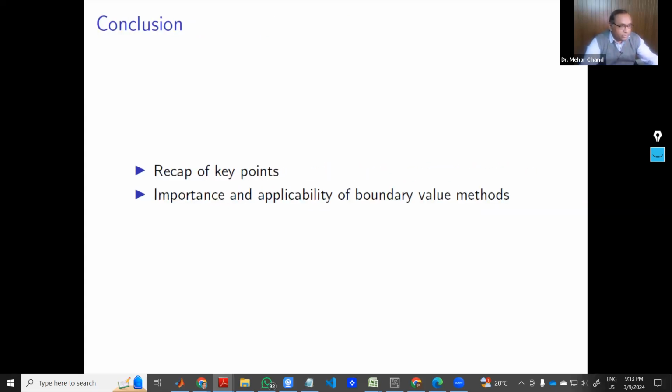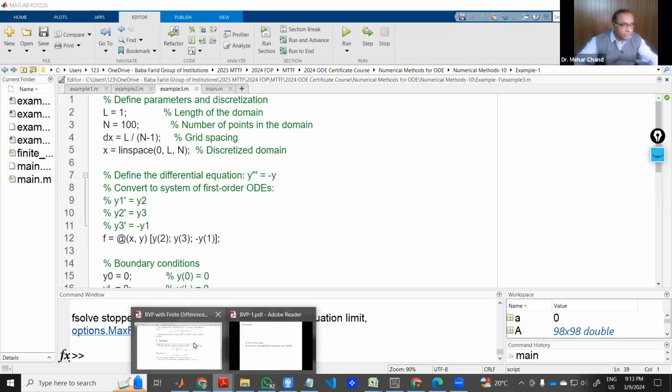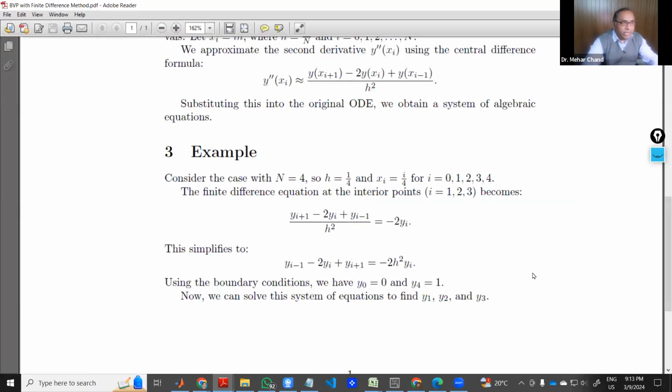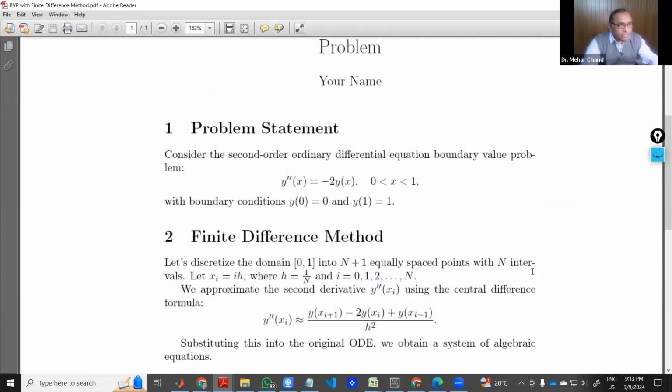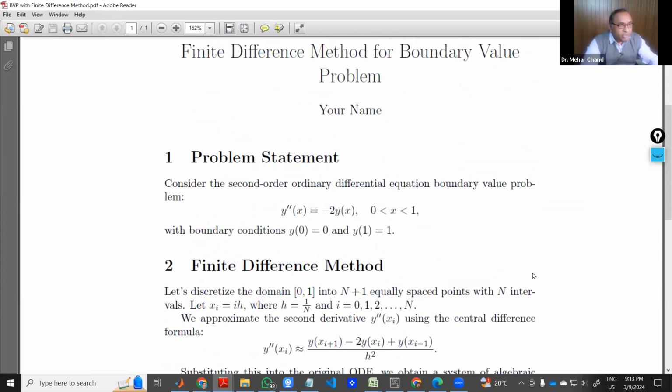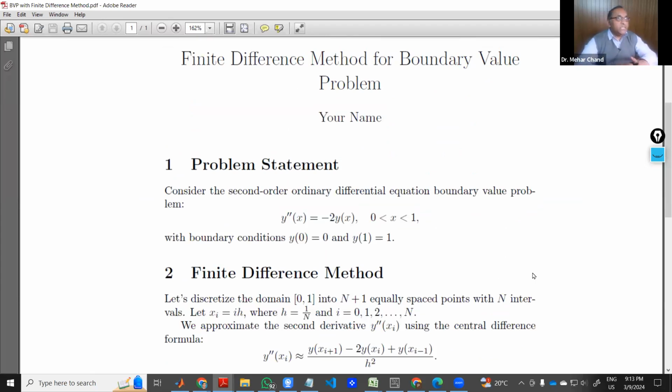Now you can see there is one more file. In the first lecture we discussed how we can use the finite difference method for the initial value problem. But today in this session, we are using the finite difference method for the boundary value problem. And as you know, yesterday we discussed the shooting method for boundary value problems.